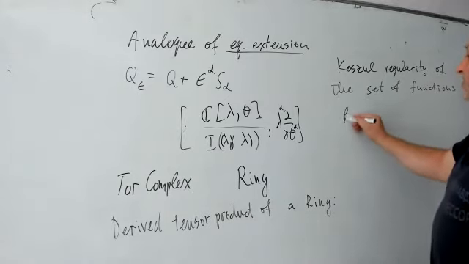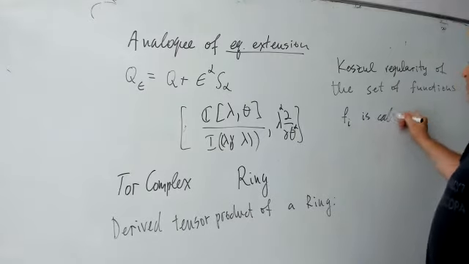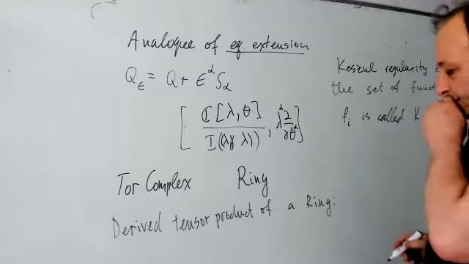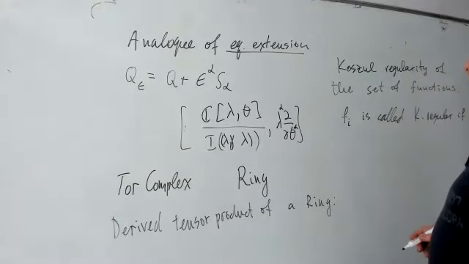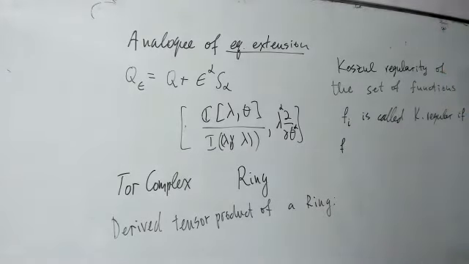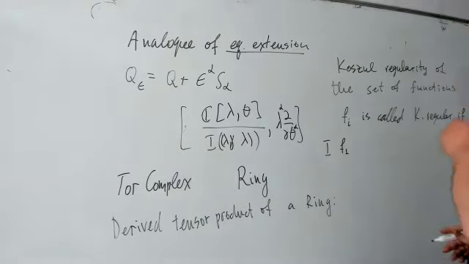A set of functions is called Koszul regular if we can do the following thing. I'm thinking how to explain it.